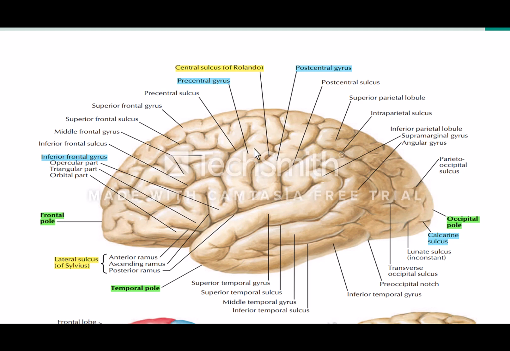Just anterior or frontal to this central sulcus is a gyrus, the precentral gyrus, and just behind this central sulcus is your post-central gyrus. In front of your precentral gyrus is a precentral sulcus or groove, and just behind your post-central gyrus we have the post-central sulcus or groove.